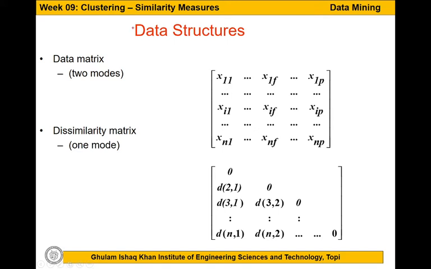So usually we have two types of data. Either it is a data matrix or it's a dissimilarity matrix, right? The data matrix is also called a two mode matrix. For example, I have record number 1, record number 2, record number 3 and record number 4.